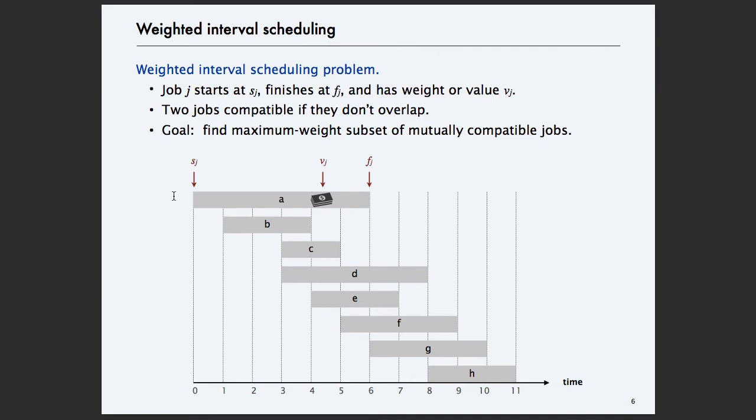So now my optimization problem becomes harder. Now it's like, oh, should I add this one? It kills 3 others, but maybe it has more weight than those, right? How can you solve this? How can you guarantee to solve it?